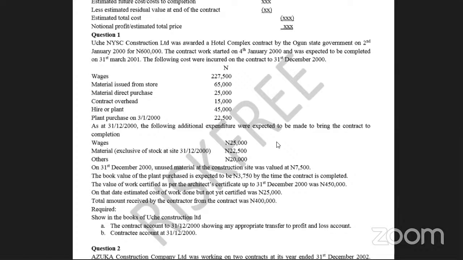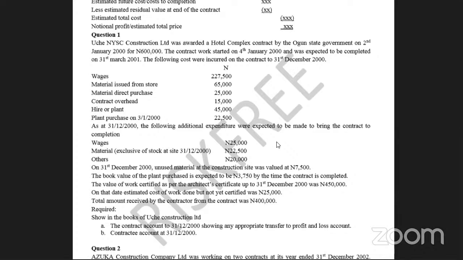The following costs were incurred on the contract to 31st December 2000. As at 31st December 2000, the following additional expenditure were expected to be made to bring the contract to completion, in which you see the wages, material exclusive of stock at site, and then others.